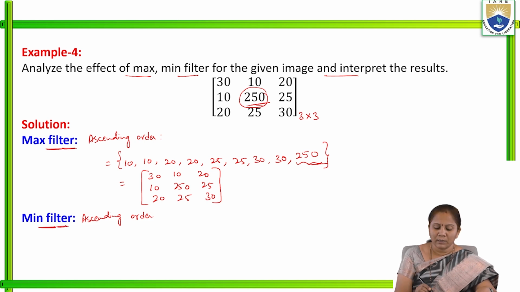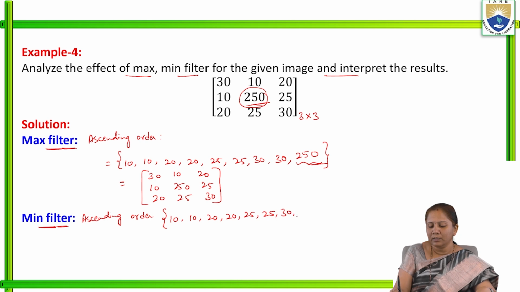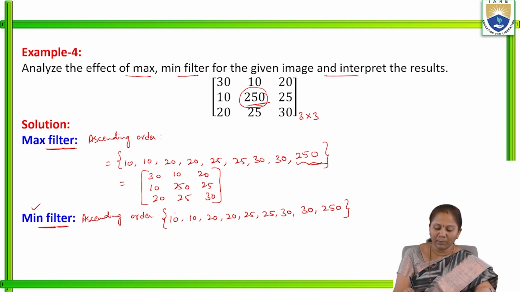Now considering the minimum filter, the same procedure: first we arrange all the pixels in ascending order, so the pixels are 10, 10, 20, 20, 25, 25, 30, 30 and 250. Min filter means we have to select the minimum pixel value. In this case the minimum pixel value is 10.